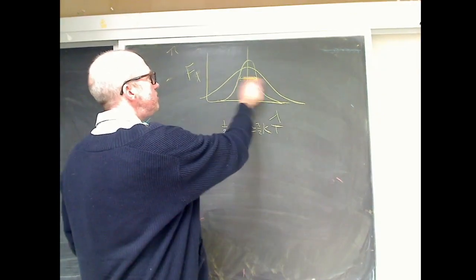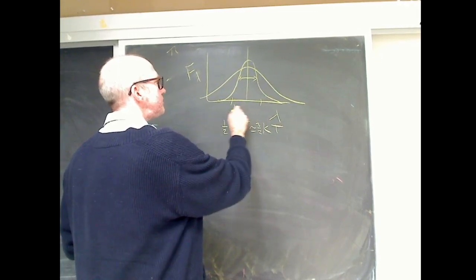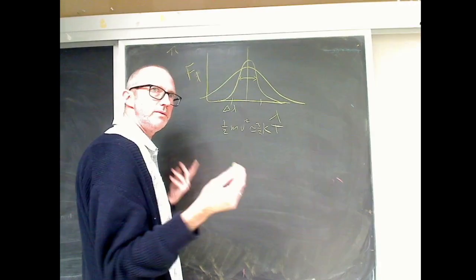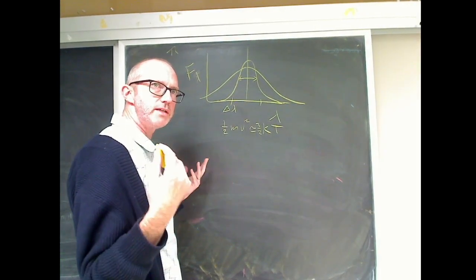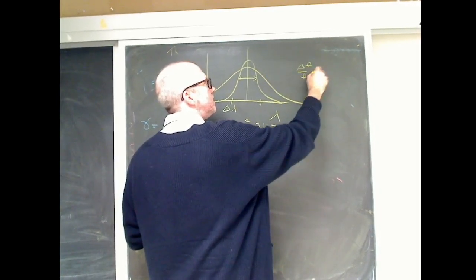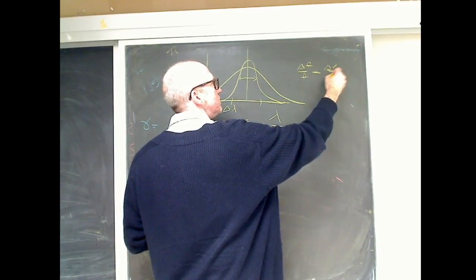So what is the width of this line? The width of this line is some wavelength, delta lambda, right? We can turn that into a velocity because delta f over f is delta v over c.